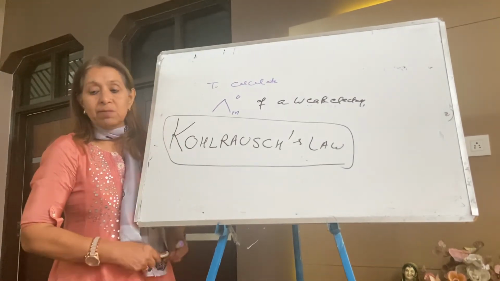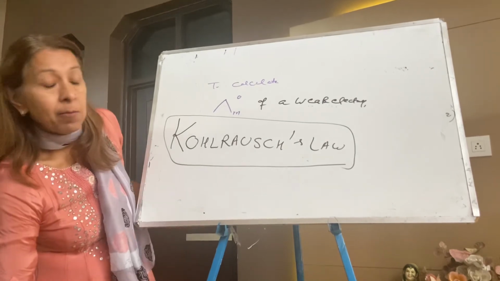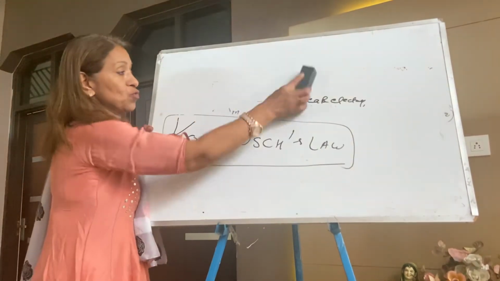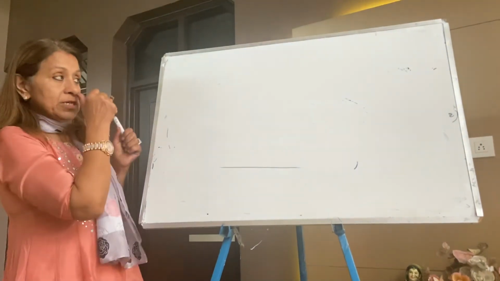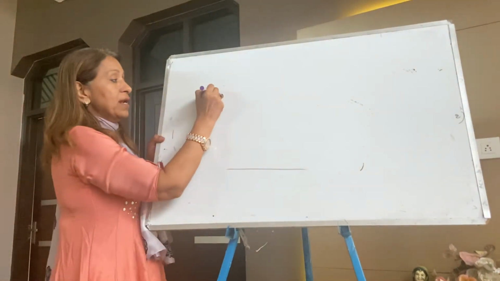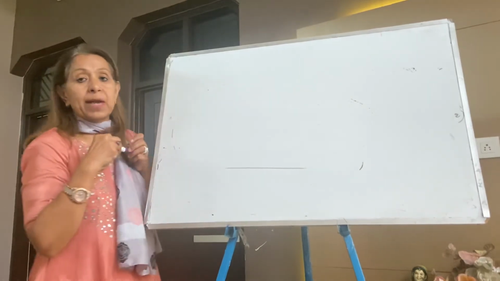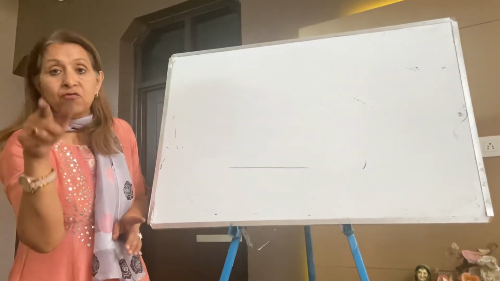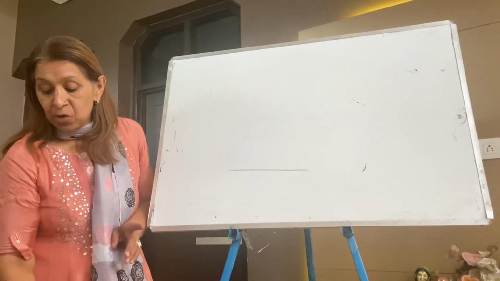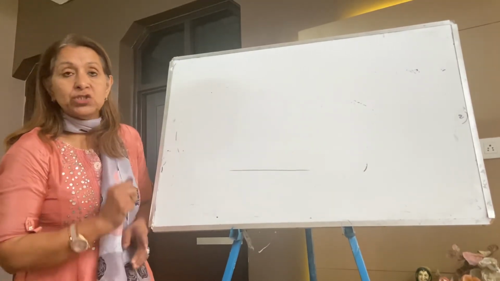Now I am giving you a summary of what we have covered in this chapter, and soon I will send you the assignment. The first day I took the electrochemical cell, with diagram, with 1.1 voltage, external voltage, and function of salt bridge.